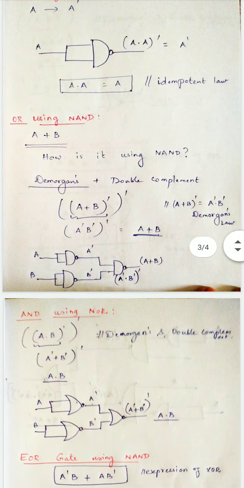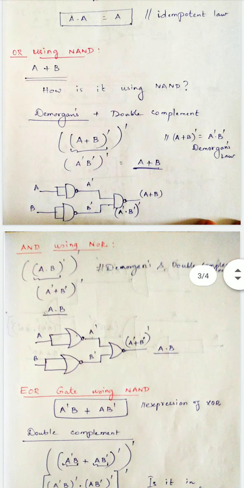Similarly, see here, OR using NAND gate. What is the expression of OR? A plus B. But what is NAND? A into B the whole dash. So now this sum term should be changed to a product term. Again you have to apply the laws. First you should apply double complement, then you should follow De Morgan's theorem.